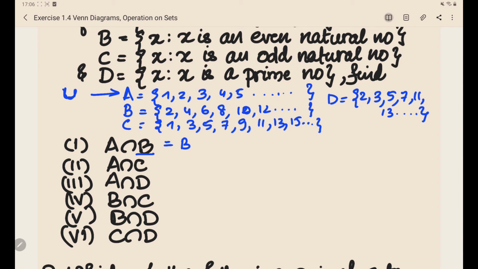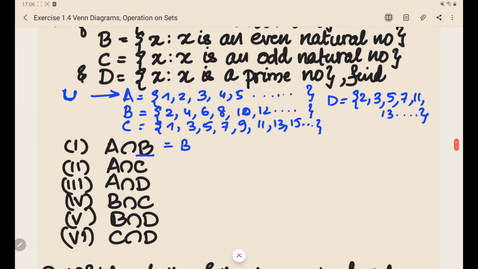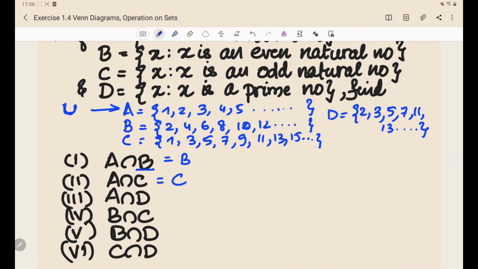A universal set is a basic set which we take for consideration. So all these sets B, C and D in the problem are derived from the set A, that is, X such that X is a natural number. So if you take the intersection with C, you will get that same set C itself. So A intersection C is C itself. Again, what is A intersection D? Again, no doubts, it is set D.